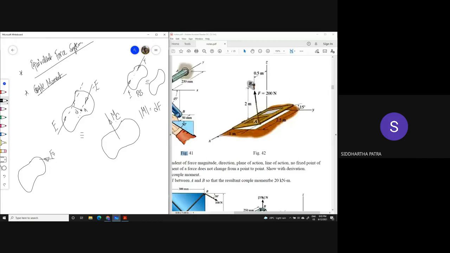A couple moment is free, and the moment due to a force is sliding. But that is not good enough; we need to mention a point about which I am trying to get the moment.